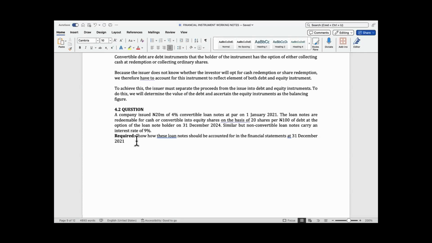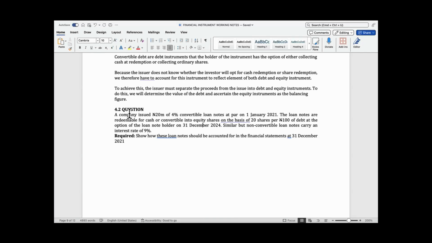So, I told you that therefore, the issuer would have to treat this instrument as a compound instrument by reflecting the element of both equity and debt. And to do this, you will need to determine the value of debt first. And why are we determining the value of debt first?